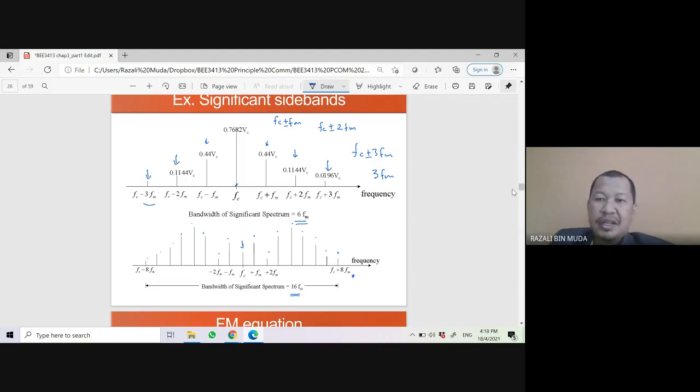So for this, 3 FM plus and 3 FM minus, the total bandwidth of this spectrum is 6 FM. Okay?